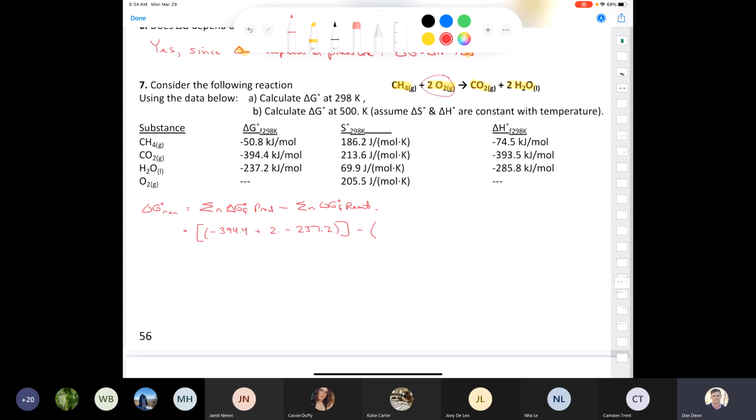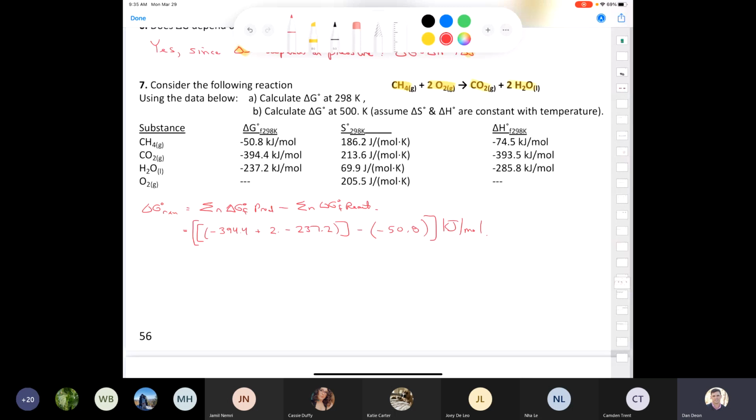Now, oxygen, keep in mind, has a delta G of formation of 0, because it's in a standard state. But my methane has a delta G of formation of negative 50.8. And again, all of that is kilojoules per mole.